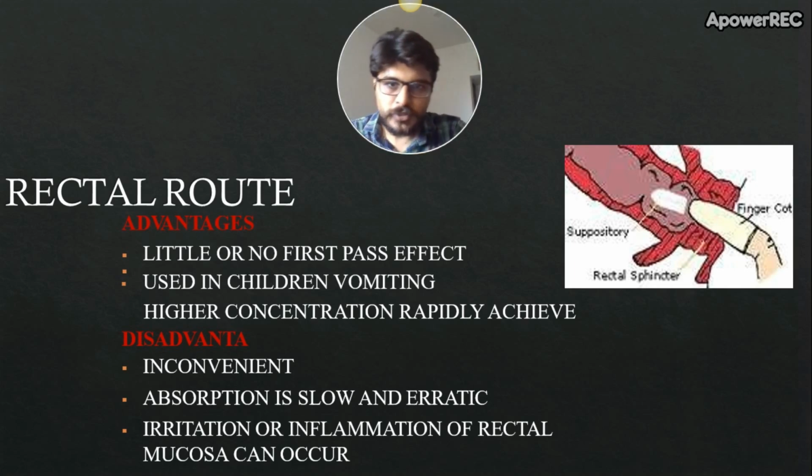Children often vomit the drug immediately, right? To avoid that we can give these drugs to children via the rectal route. Disadvantages are it is inconvenient, absorption is slow and erratic, and irritation or inflammation of the rectal mucosa may occur.